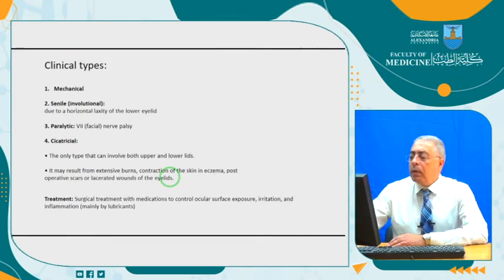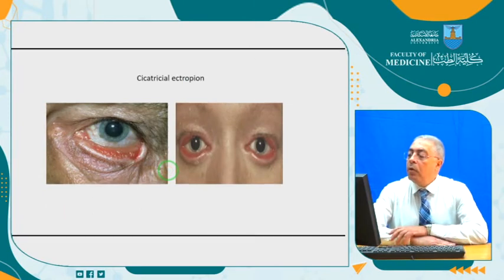How to treat: again, medication to avoid the ocular surface exposure and prophylactic anti-inflammatories and antibiotics. This is an example of the cicatricial ectropion. The right picture is due to severe chemical burn, and you can see both the upper and the lower eyelids are rolled out.